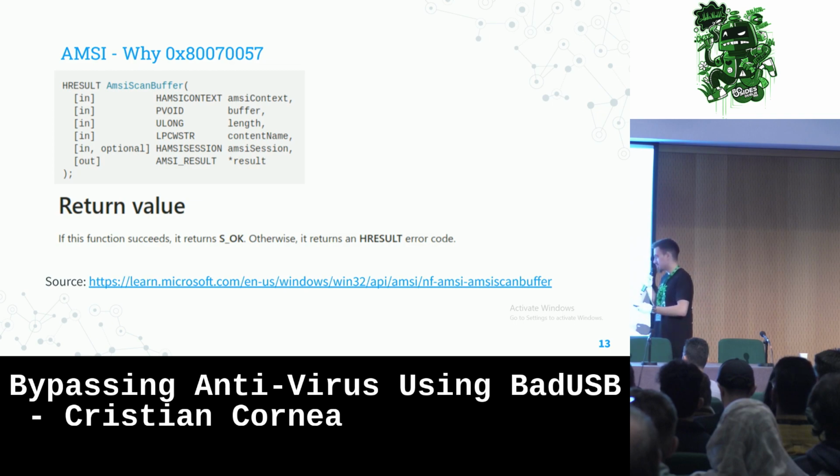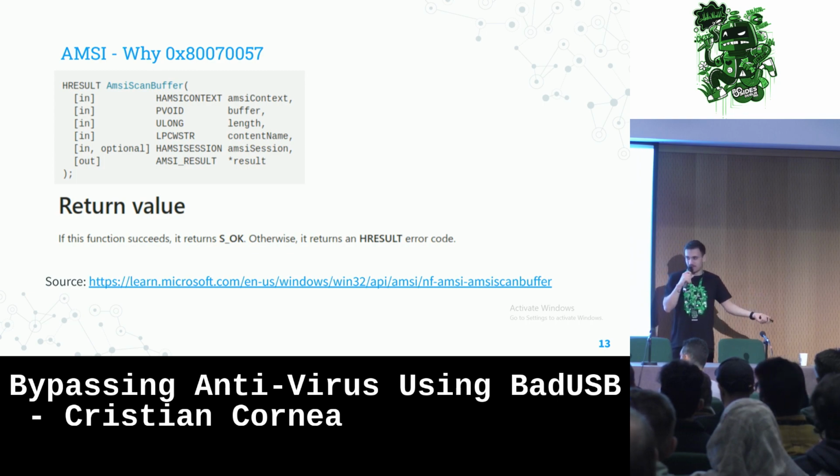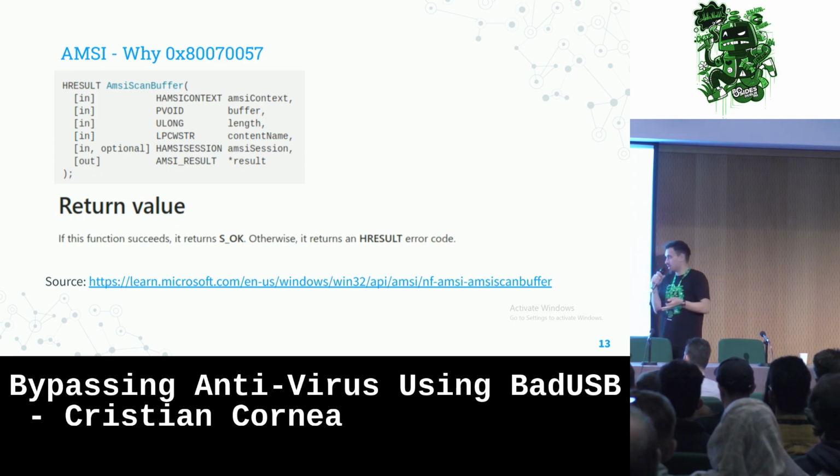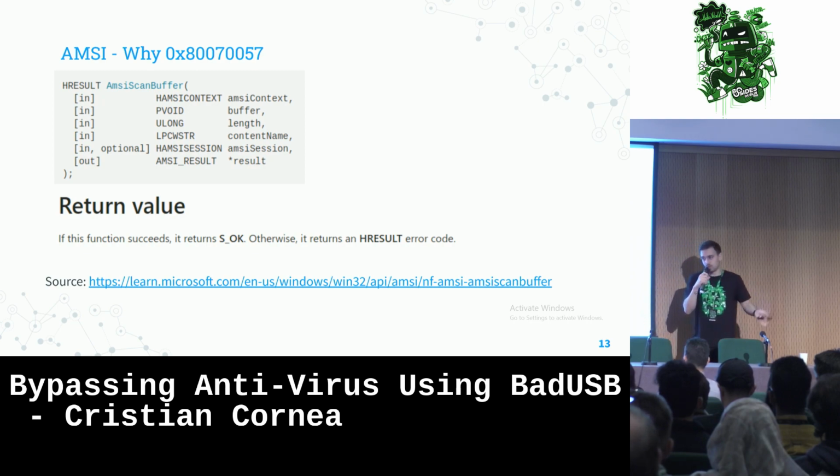Microsoft didn't tell us that if the function returns an HRESULT error code, then the script is actually executed. If we do not provide the correct values for it to run, it will pass the PowerShell script directly to execution, which is a very, very big mistake. And they never documented this issue, and it is still not documented.